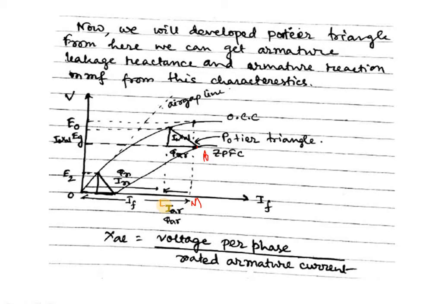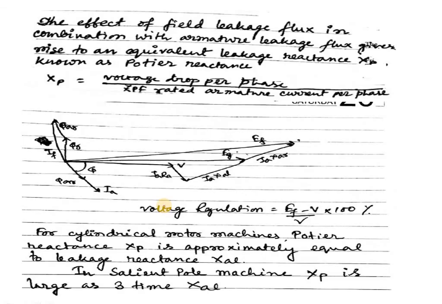The field current will result in a generated voltage from the no-load saturation curve. Since for lagging zero power factor operation EG equals V plus IAXAA, the vertical distance must be equal to the leakage reactance voltage IAXAL, and from there we can write that XAL equals voltage per phase divided by rated armature current.